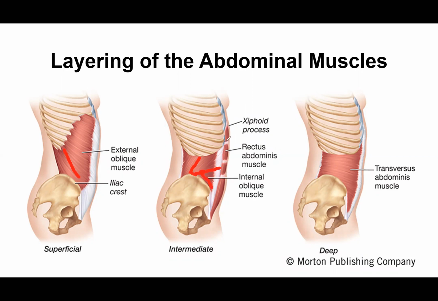Okay. Rectus abdominis is fibers running straight up and down, and then transversus fibers are literally running transversely to the body, so sort of straight across the body.